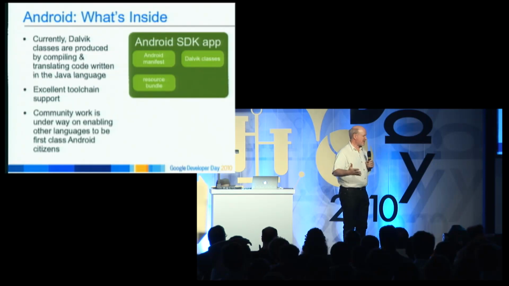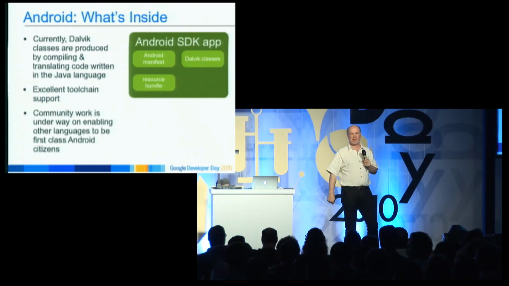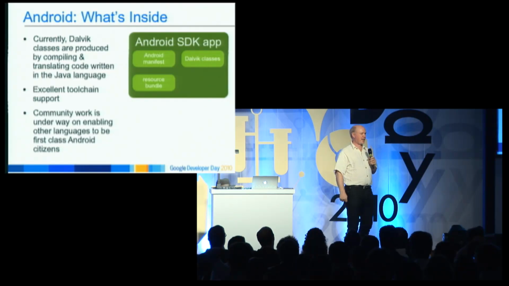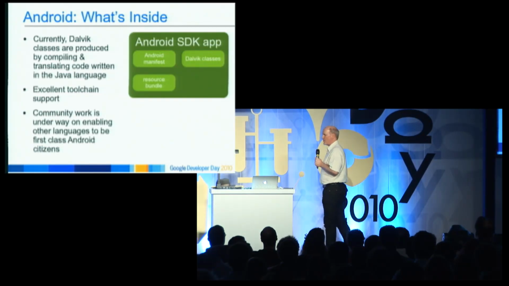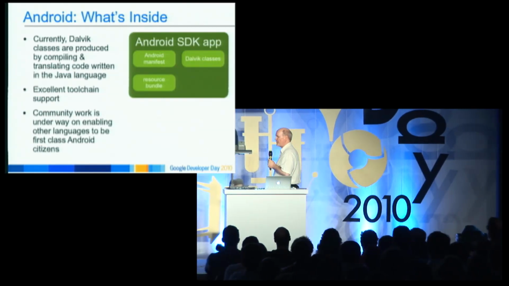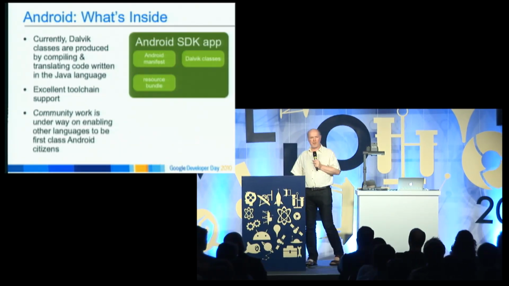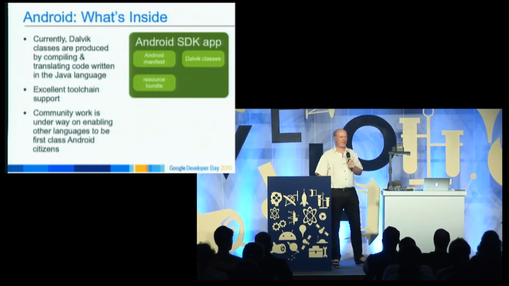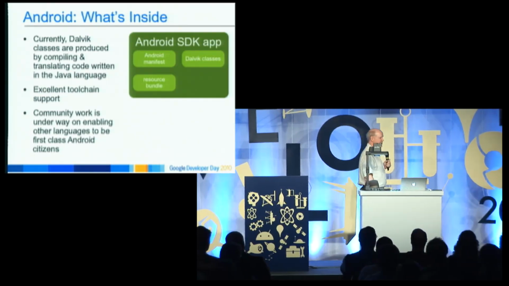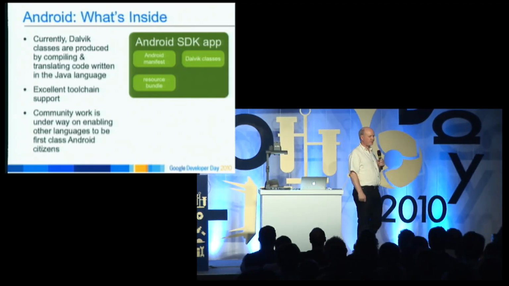There are debuggers and monitors and profilers and all the different pieces that you would typically expect in a modern software development chain. It's not an official Google project, but I'm happy to report that for those people who don't like Java so much, there is work in progress to make Python and Ruby and Scala all first-class citizens, so that you can program Android in a variety of different languages.